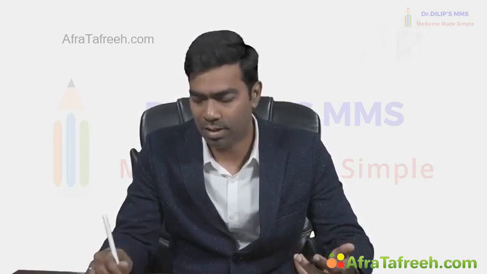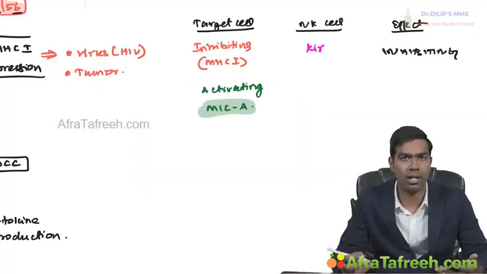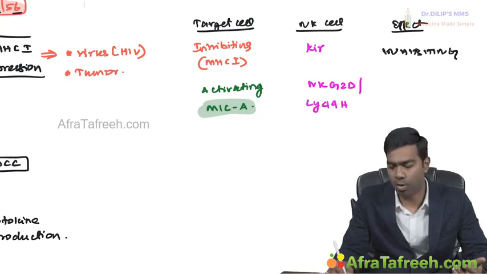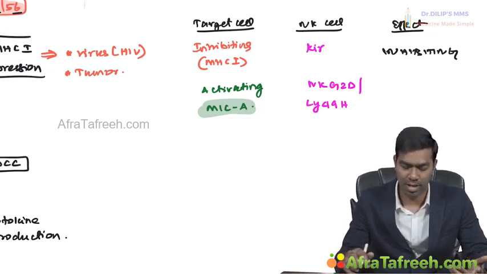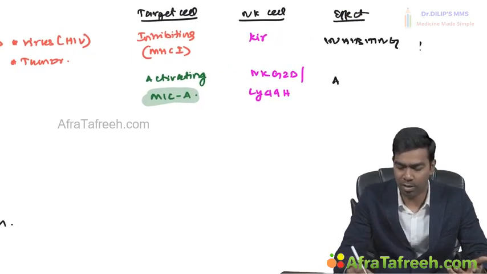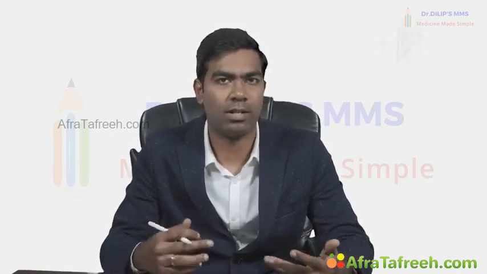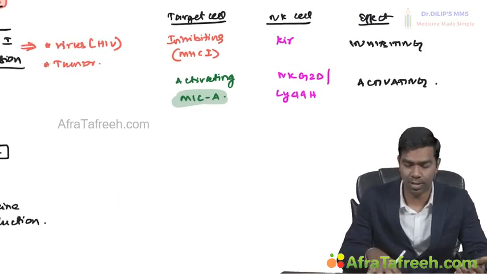Then on the NK cell side, the receptors that recognize this activating ligand MICA are NKG2D or LY49H. The net effect of this interaction will be activating. So this is how they recognize cells that have reduced MHC class 1 expression, or an abnormal cell like a tumor cell or a virus infected cell.